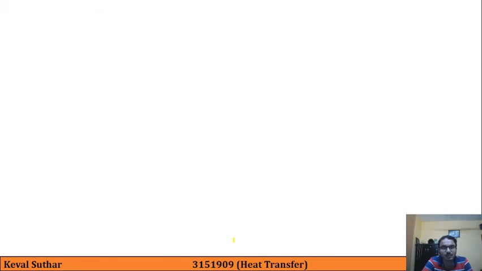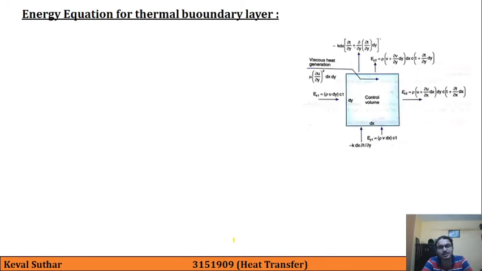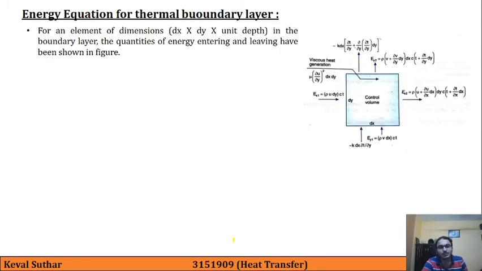So now we will move forward with our next theory, that is the energy equation for the thermal boundary layer.